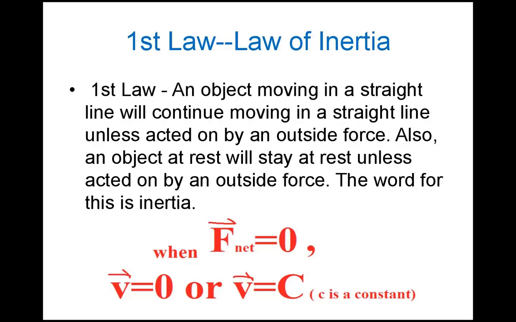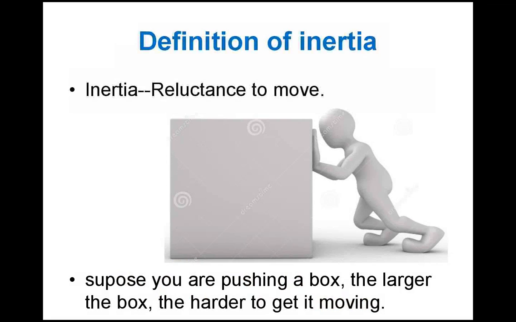This is the word form. The formula form of this law is that when F net is 0, the velocity is either 0 or the velocity is constant, which means you have a constant magnitude and direction.